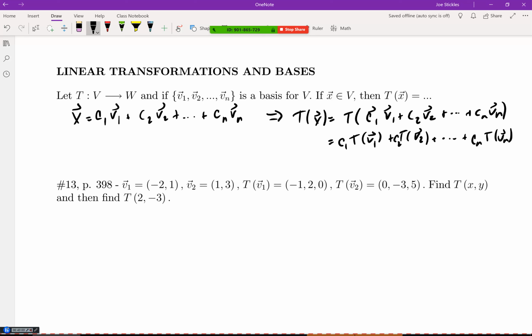So what this tells me, the whole point of this exercise, is that if we know what the transformation does to a basis, then we know the entire transformation.